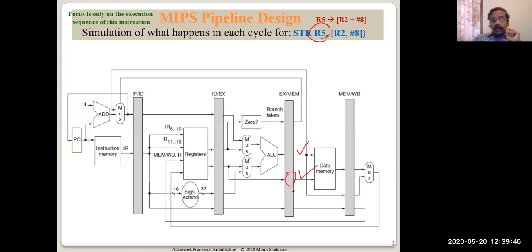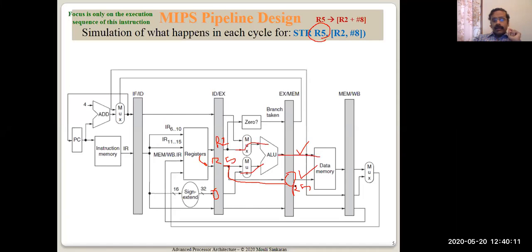What should be available? In our case, R5 should be available. That means it has to come from here only. That means register set should output R5 on this and R2 on this. Okay. And the constant here. And it should choose this signal.